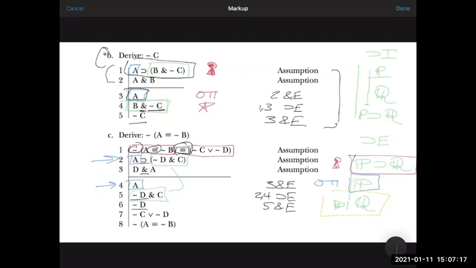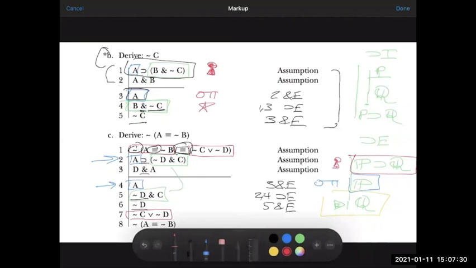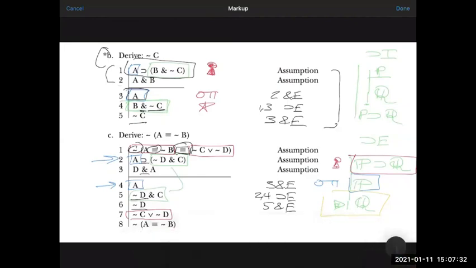Now, this one might be a tricky one for some people. Where does this come from? How did you get tilde C wedge tilde D? You see tilde D up here. Where do you see a tilde C anywhere? I guess it is up here, but that's way deep, trapped inside a whole bunch of stuff. That's a disjunction trapped in a biconditional.